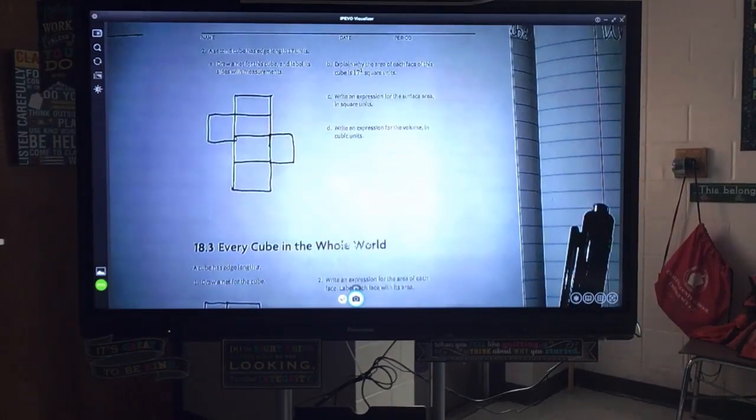Either way is the same. It's just faster. Okay, let's do the random question for the bottom. Oh, units squared. Don't forget units squared.